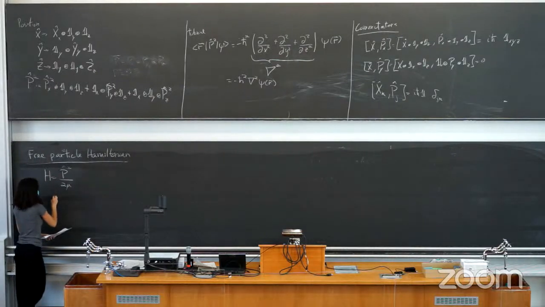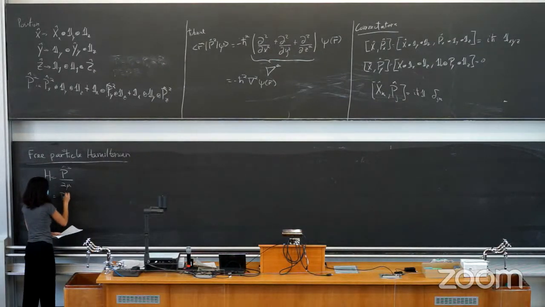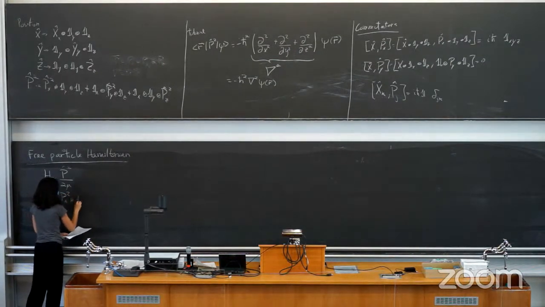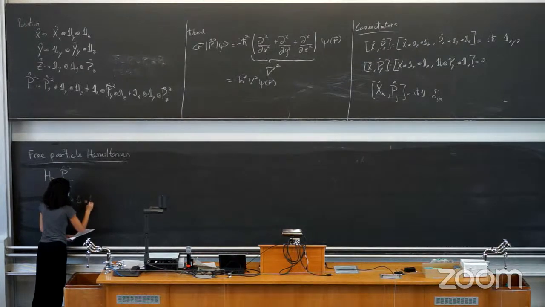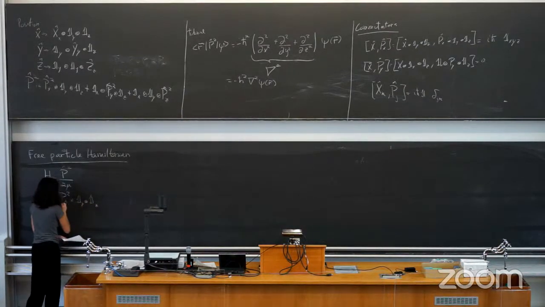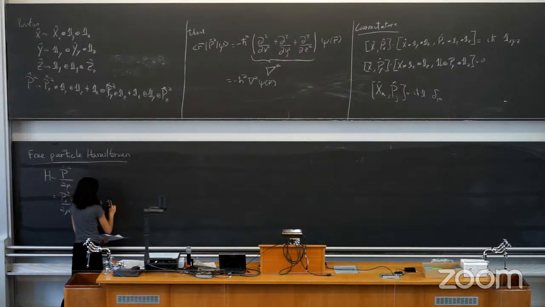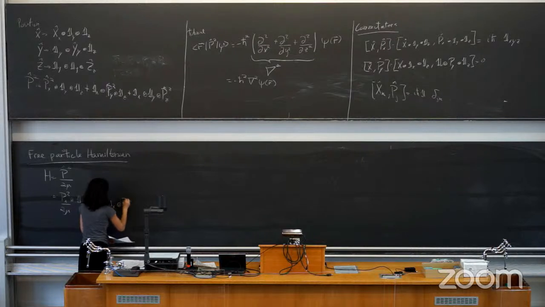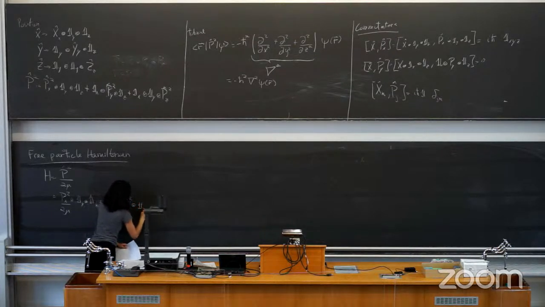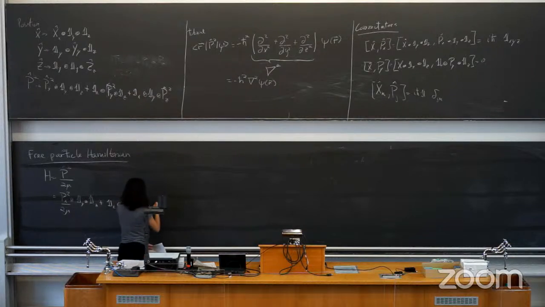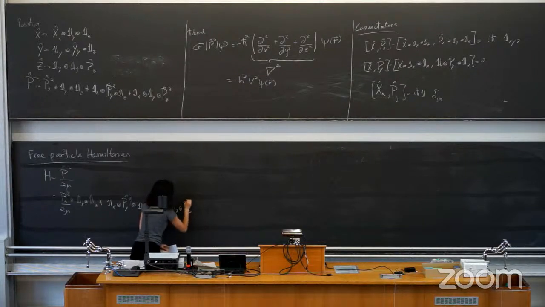So then we have its X squared plus the part on y squared plus the part on z.